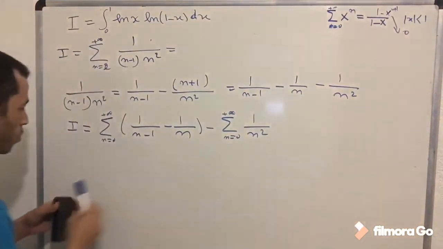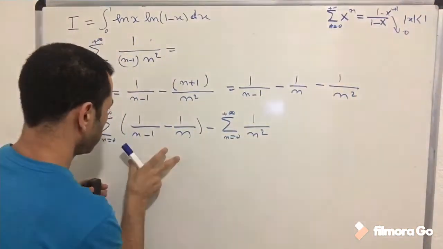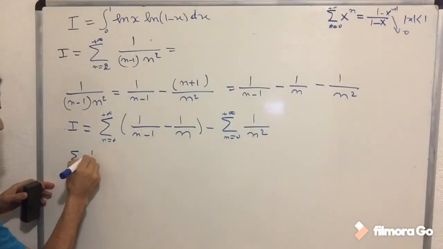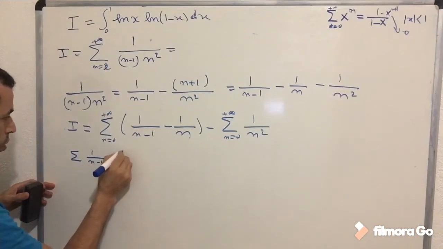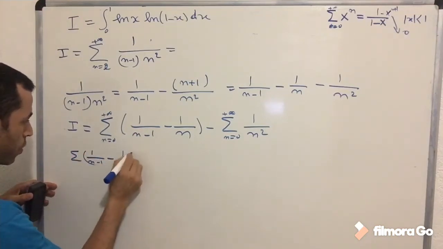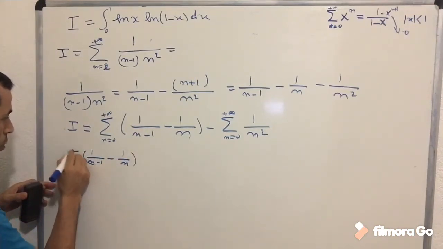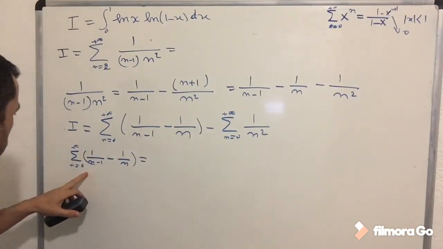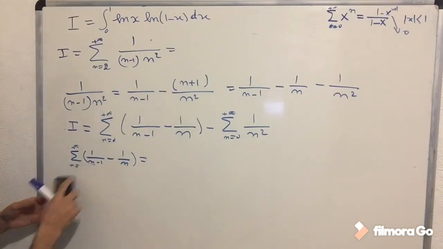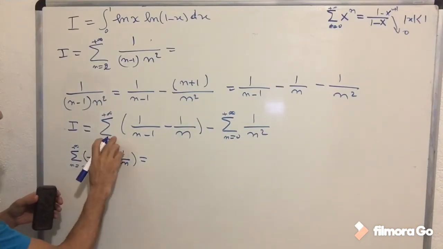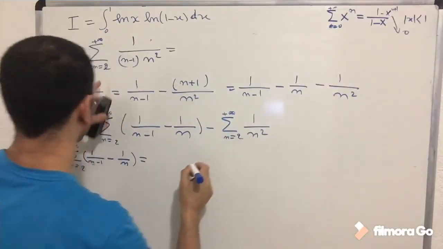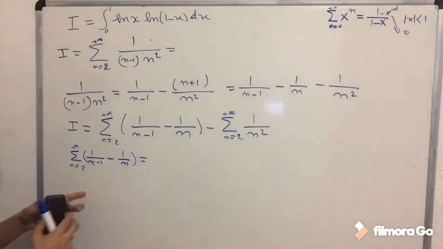This one can be calculated separately. Let's plug in, sorry, number 2, because we already changed the index to 2.